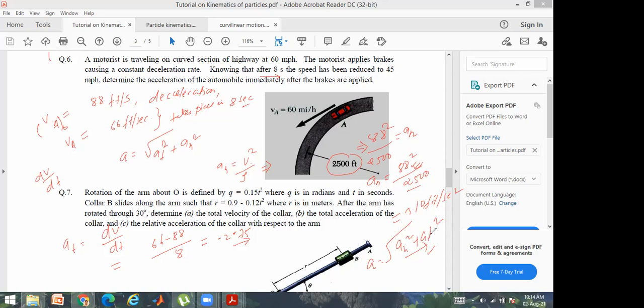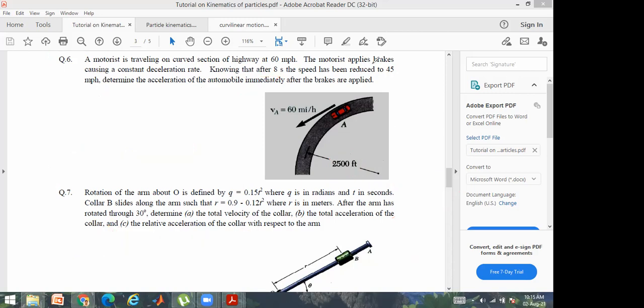Now let's go to question number 7. अघिको अब हामीले डिस्कस गरेको कुराहरु. हामीले एक्सेलरेसन a equals to an plus at. an भनेको v square by rho plus at भनेको change in velocity dv by dt.